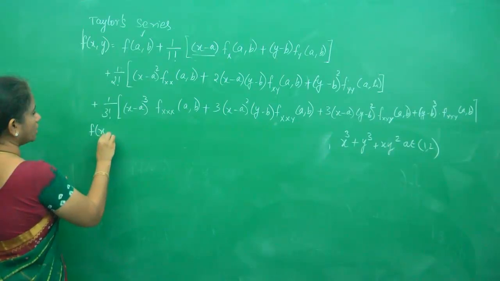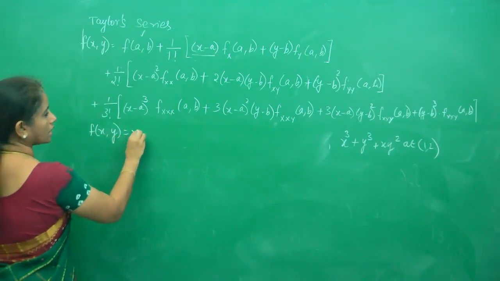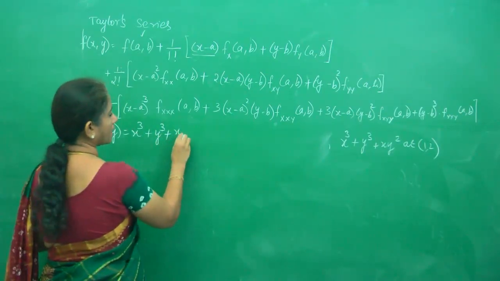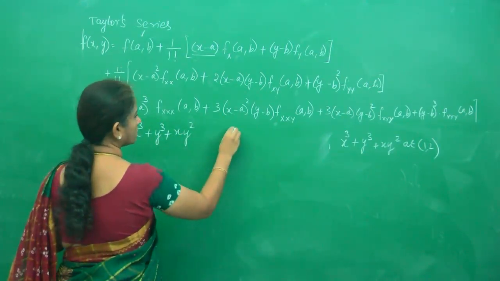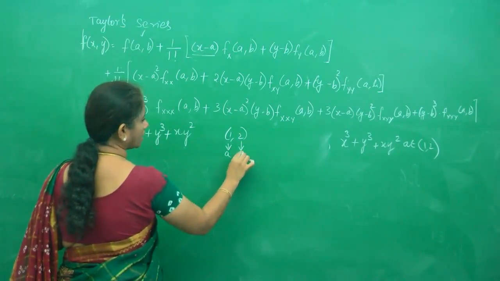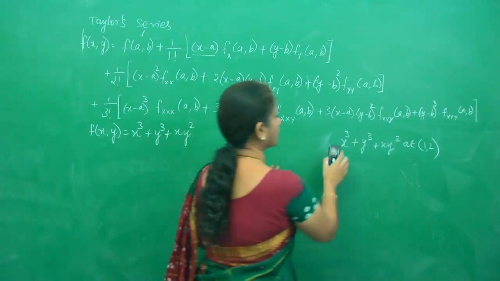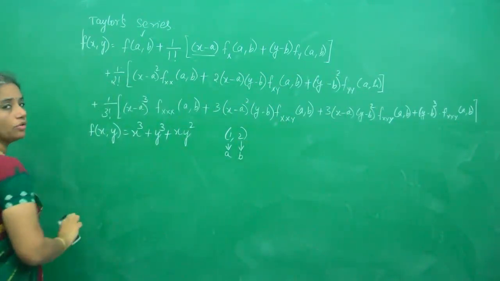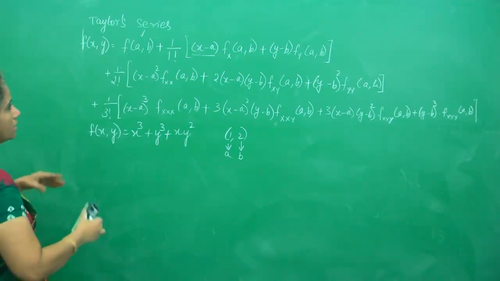So your f of x, y is x cube plus y cube plus xy square at 1, 2. So clearly you are given a and clearly you are given b. So once both the values are given, you have to start doing the question.